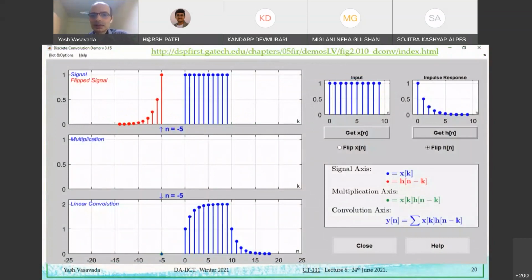Okay, so what is this saying? What is this telling us? That the input here, x of n, is all ones. This is what you see here. It is all ones defined over 10 samples, 0 to 9. The impulse response h of n, they defined as an exponentially decaying pulse.